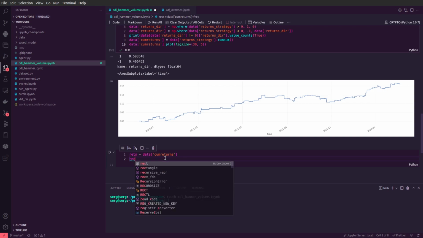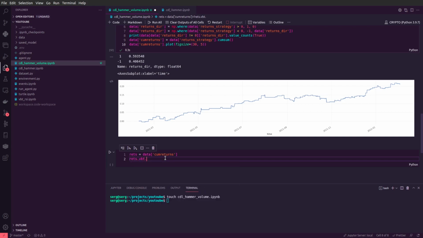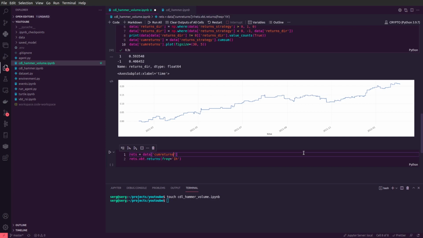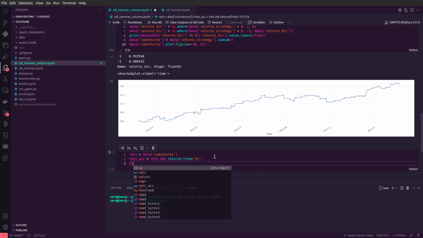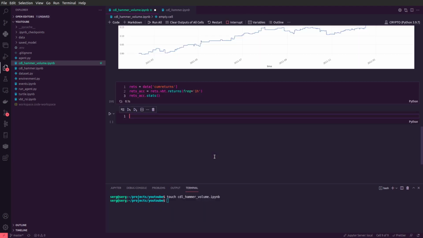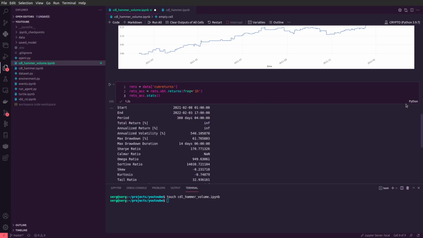And let's call, for example, vbt returns, and indicate frequency for 1 hour, and let's call the method stats to calculate statistics.